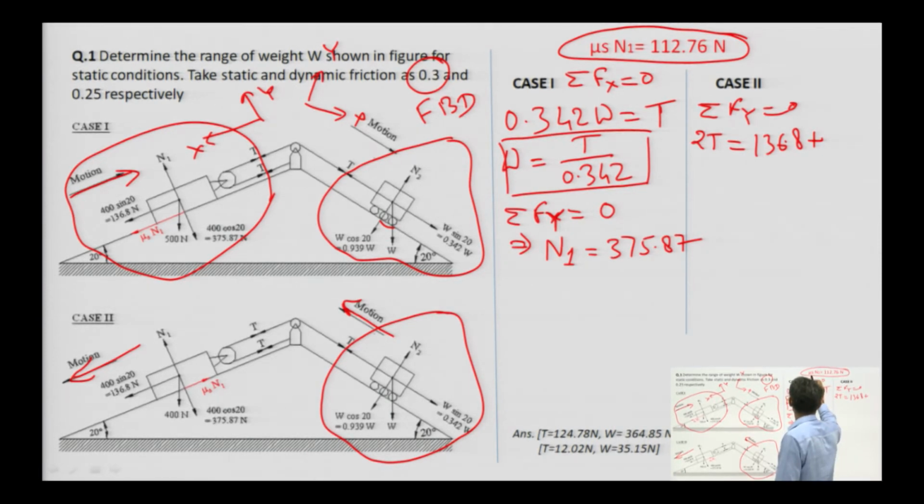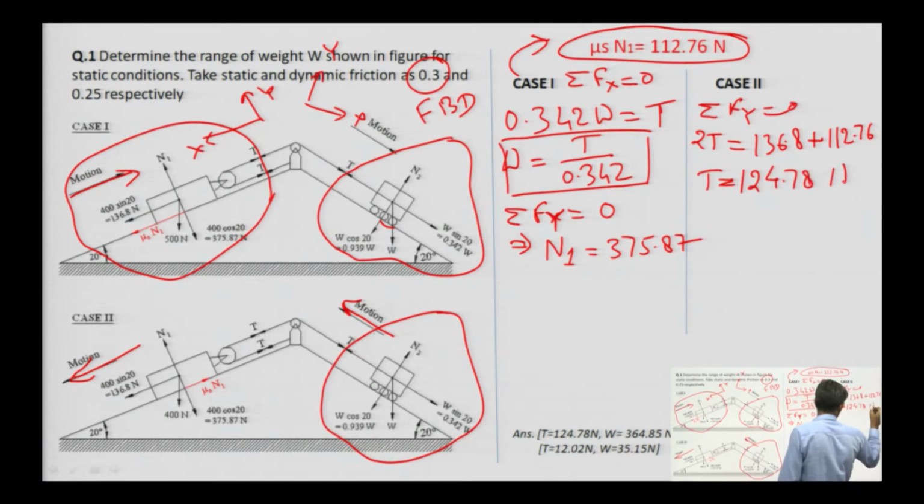That is why mu s into N1 for case 1 is 112.76. So 2T equals 112.76, then the value of T can be calculated, and the value of T for this case will be 124.78 Newton.